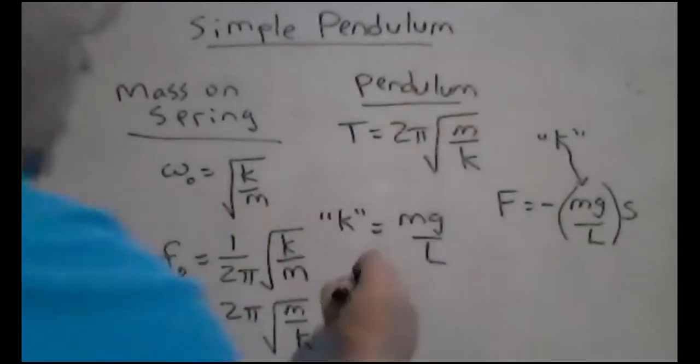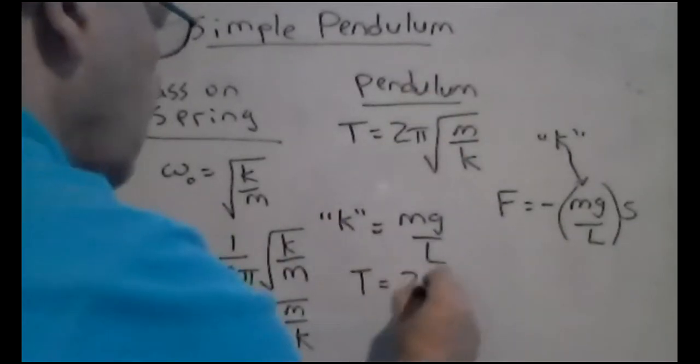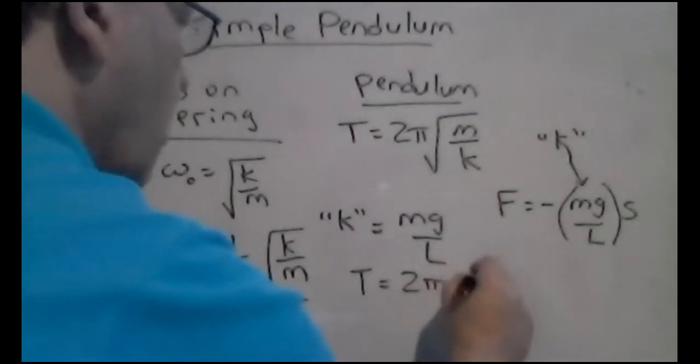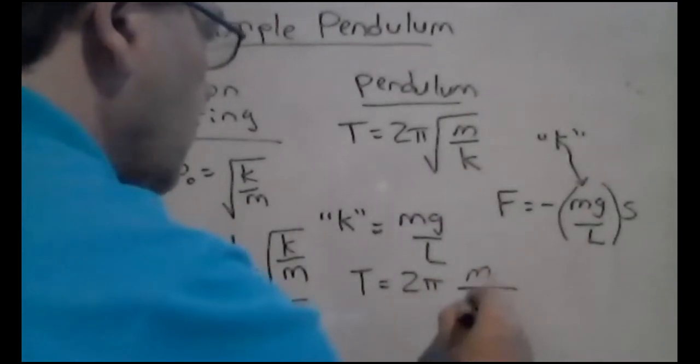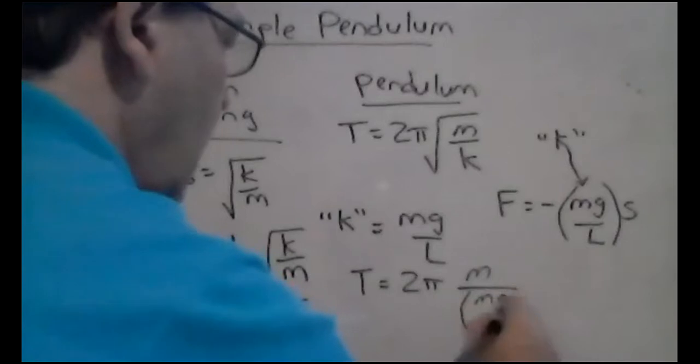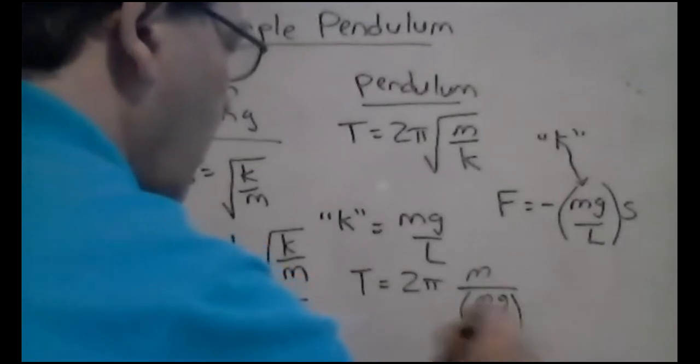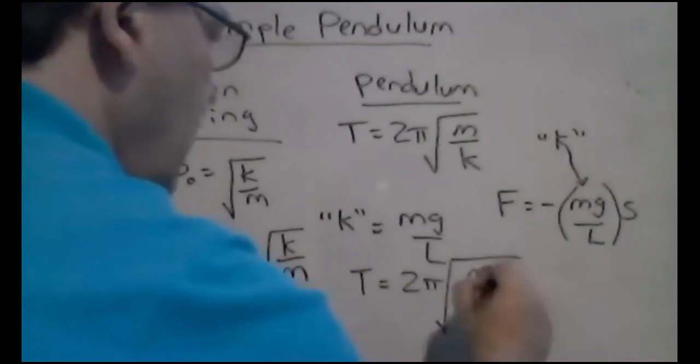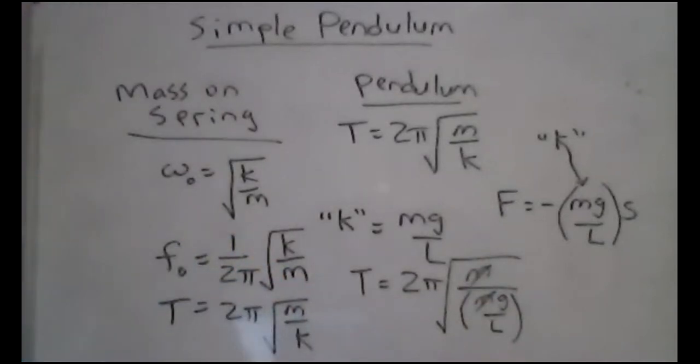We'll stick it in here. The period is 2 pi square root of m over mg over L. My m's cancel. It's interesting. The period of the pendulum says the masses don't matter.